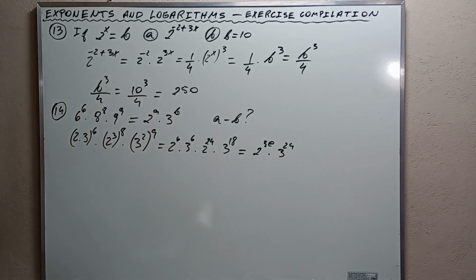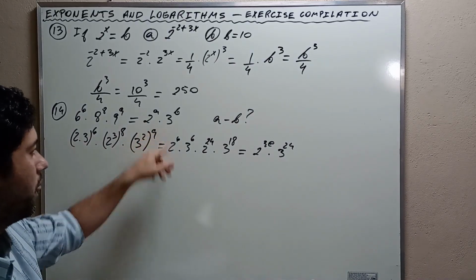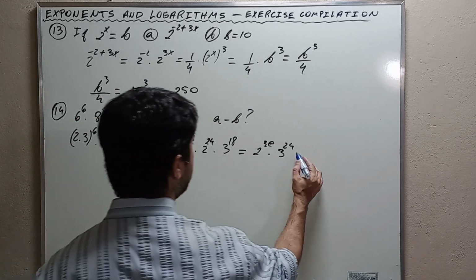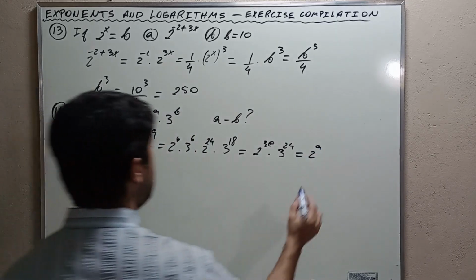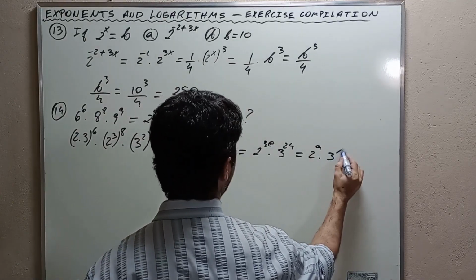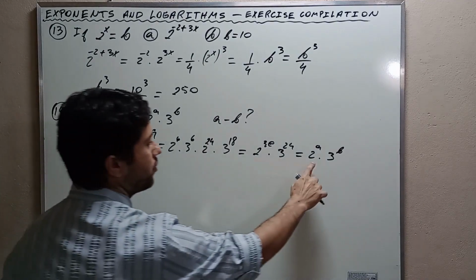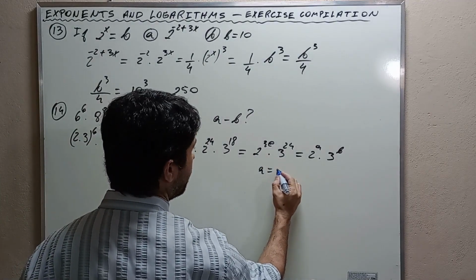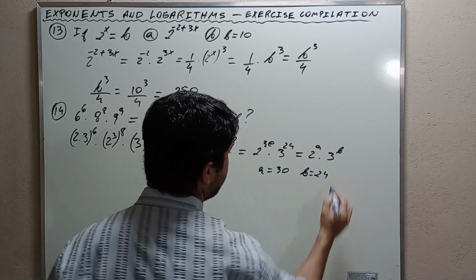Okay? The exercise required us to equal this to this. Alright? And this is equal to 2 raised to the power of A times 3 raised to the power of B. And we know if this is equal to this, then A is equal to 30 and B is equal to 24.